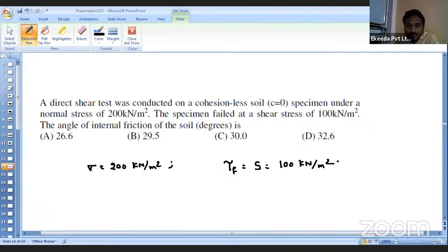So I hope it is a direct question, isn't it? What they're asking is the angle of internal friction. So if it is a direct shear test, what is the relation? S is nothing but c plus sigma tan phi.